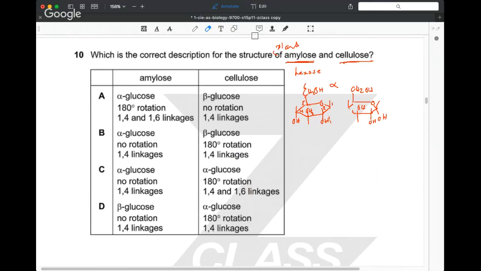If I just draw it in, that is the glycosidic bond, because you've joined 2 of these glucose units together. And you can see if we count round, we had the bond there to number 1 of this first monomer.